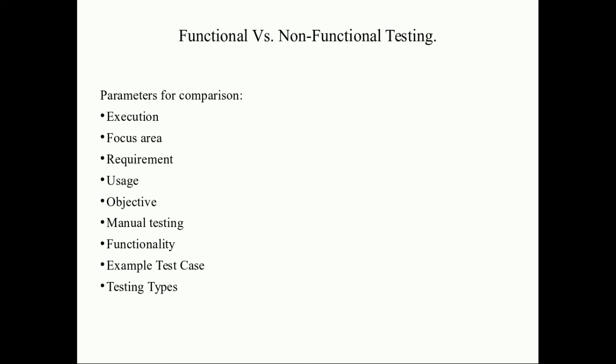For non-functional, the examples are performance testing, volume testing, scalability testing, usability testing, load testing, stress testing, compliance testing, portability testing, and disaster recovery testing. So in non-functional testing we are concerned with the quality and performance of the software, whereas in functional testing we are looking only at whether we are getting the desired output, as per the customers' expectations and the clients' requirements, or not.